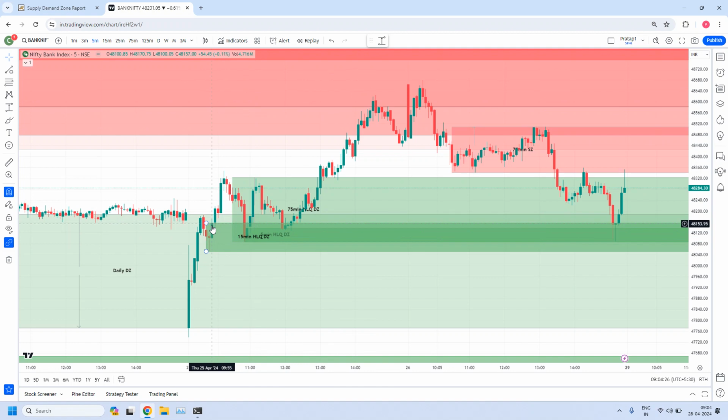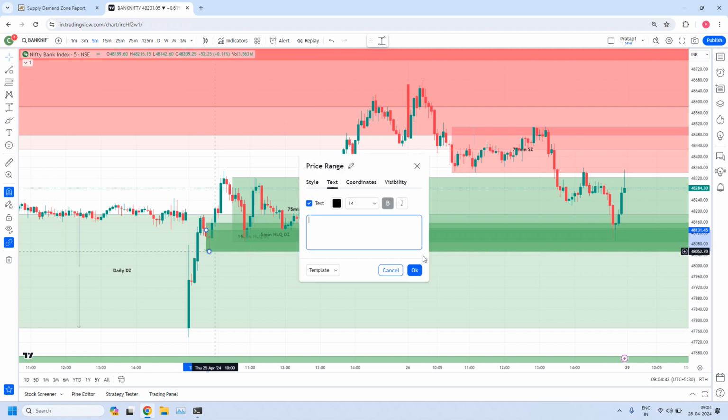Why the software considered it as a leg candle is maybe this is not having the expected length range, but from a human point of view, I can draw a zone like this. This is the one.